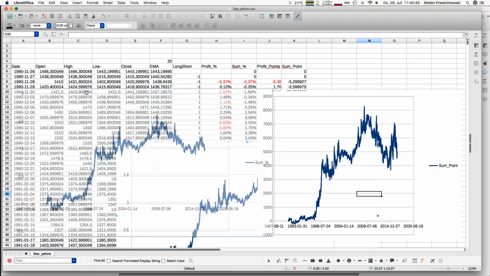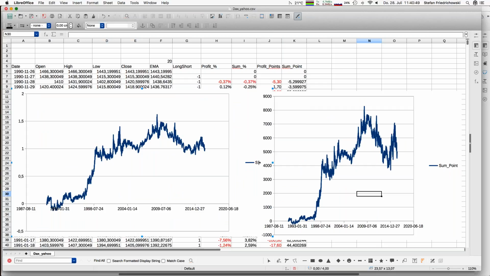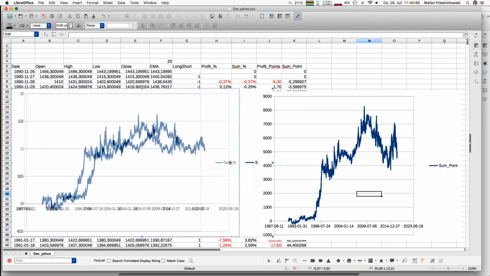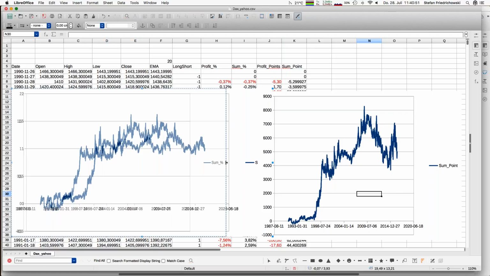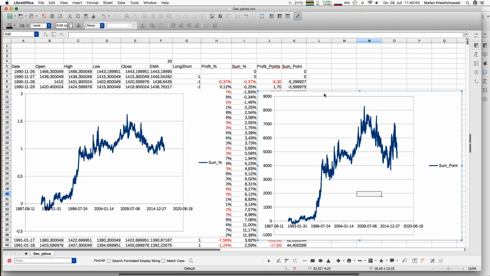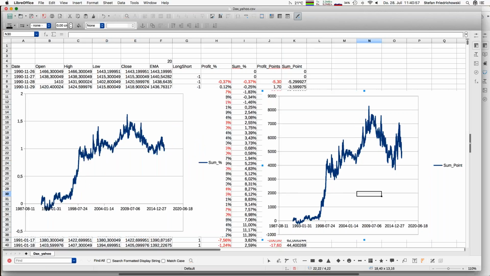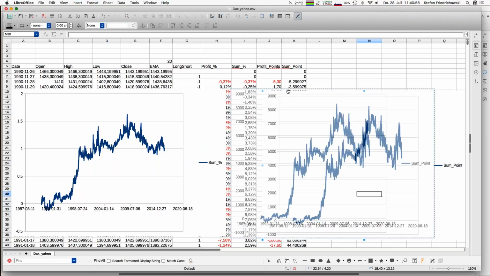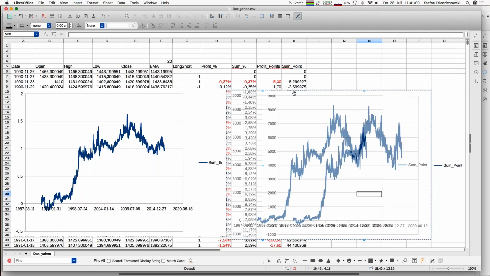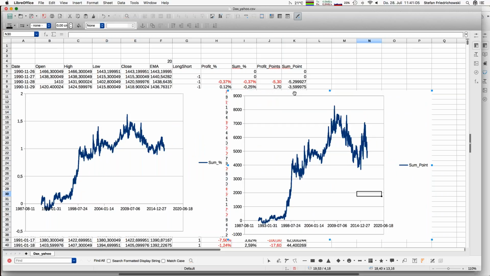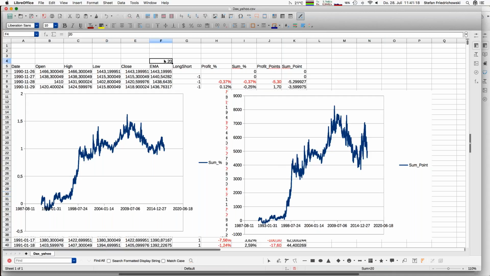Because now the next step I would like to do is change that EMA value, simply in order to have different parameters for our strategy. So in principle, both graphs look quite similar, but of course, you will see the differences if I change the EMA value.